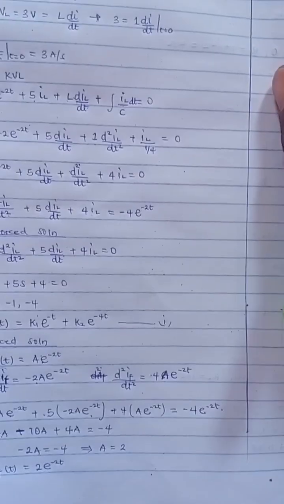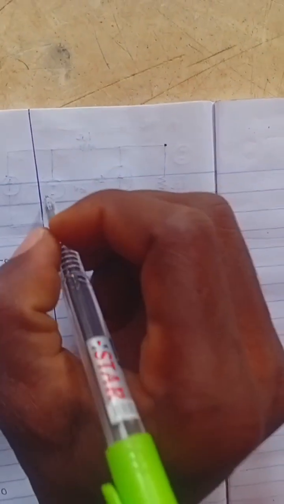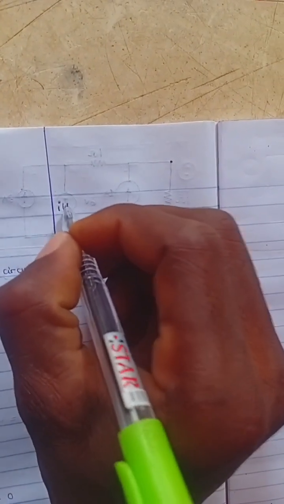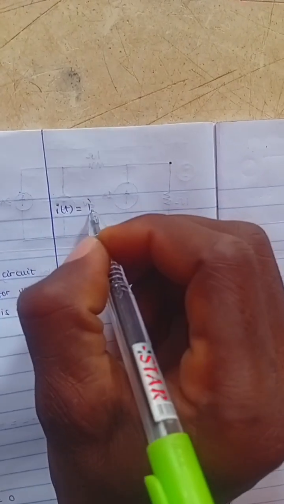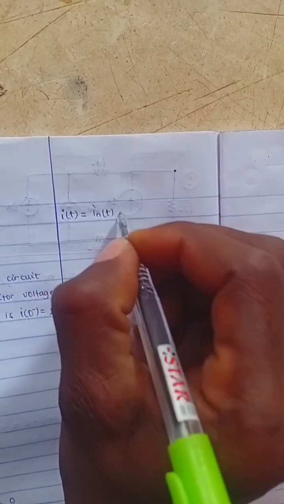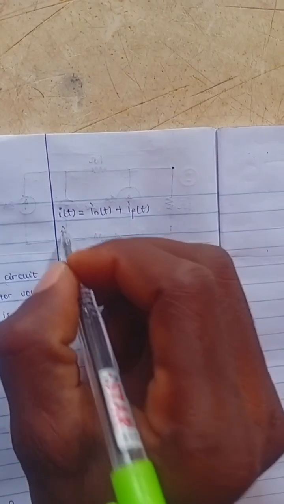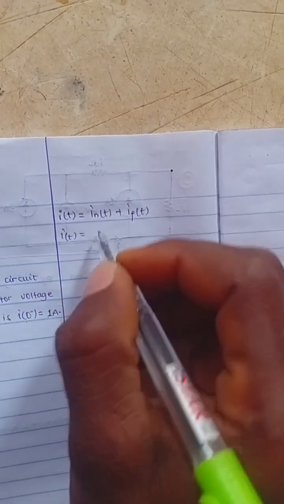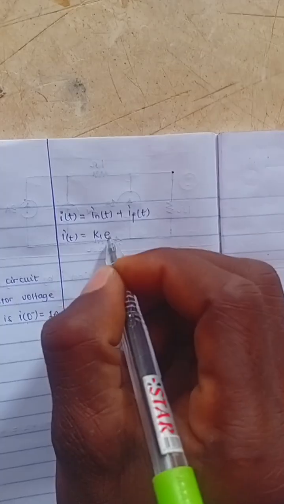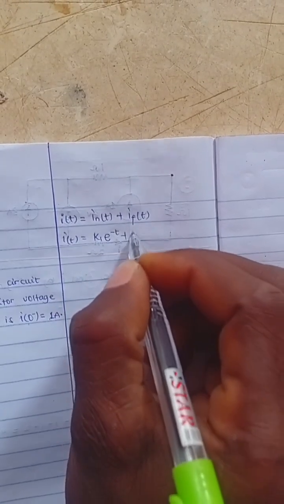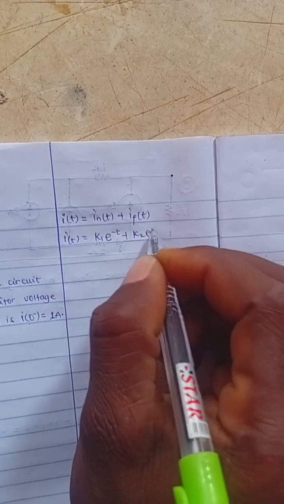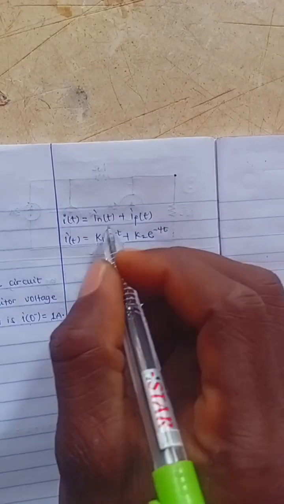So we have to combine everything, because we know that our final solution, I of t, is equal to I natural of t plus I first of t. So I of t will be equal to I natural of t, remember, k1 exponential minus t plus k2 exponential minus 4t. That's the I natural.